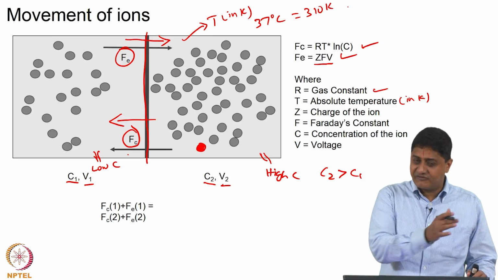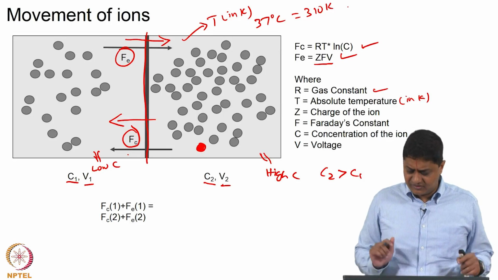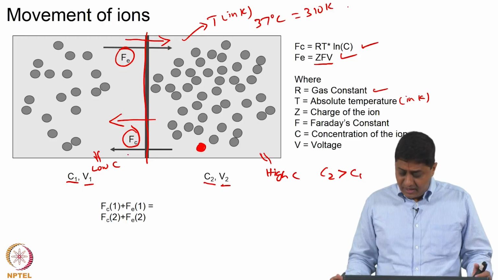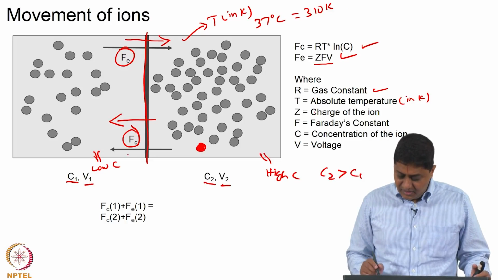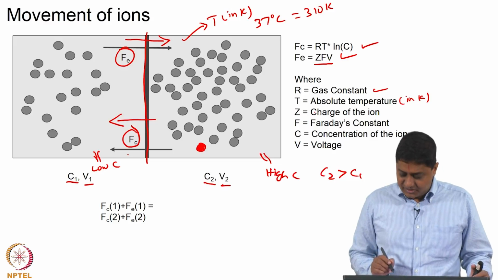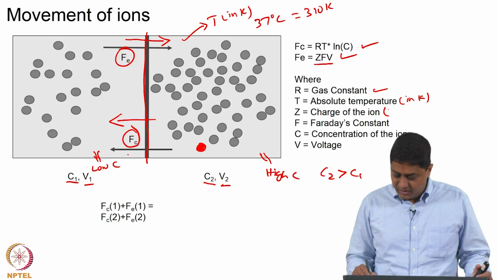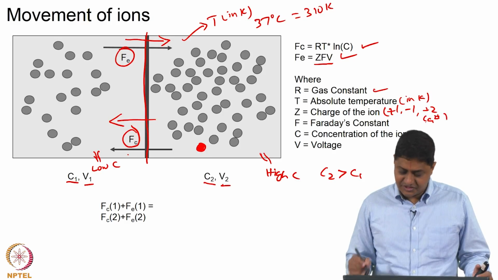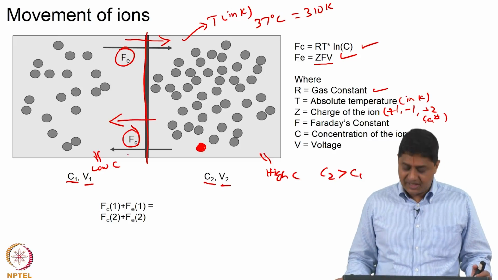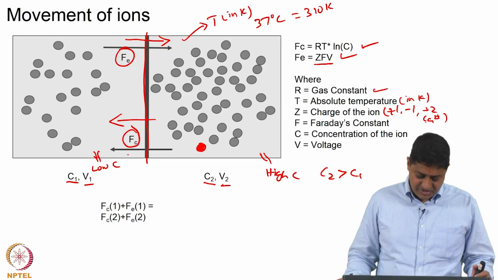It can be different in different organisms or in different situations. So, you will have to consider that, and Z is the valency or the charge of the ion. This can be +1, -1. For example, for calcium this is +2, etc. F is the Faraday's constant and C is the concentration of that ion and V is the voltage, right.